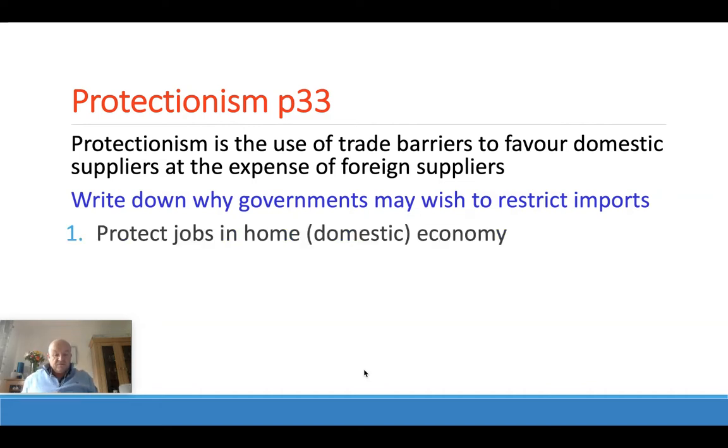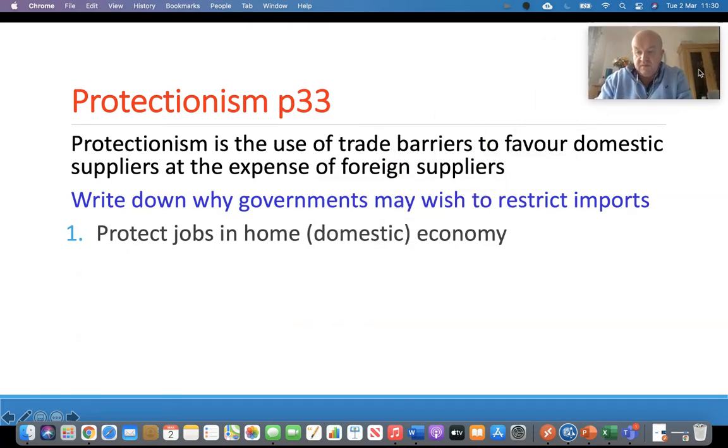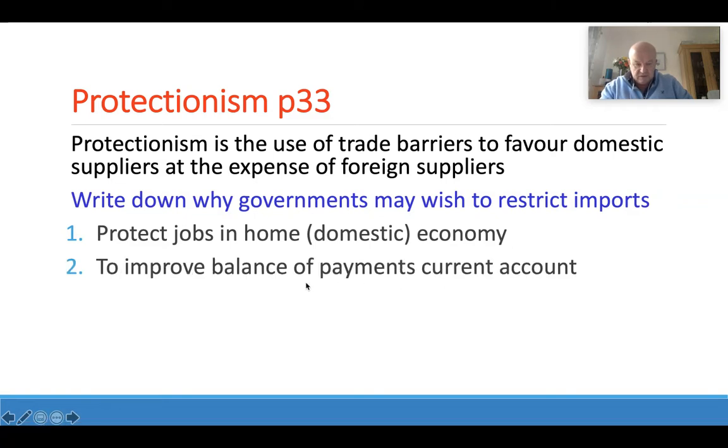So examples, number one, protecting jobs in home or domestic economies. Clearly that can be a very good and legitimate reason for bringing in protectionist policies. We know that in some cases there are obviously some negatives to protectionism, and we'll take a look at some of those as we go as well. But that's certainly a very good reason in the first instance.